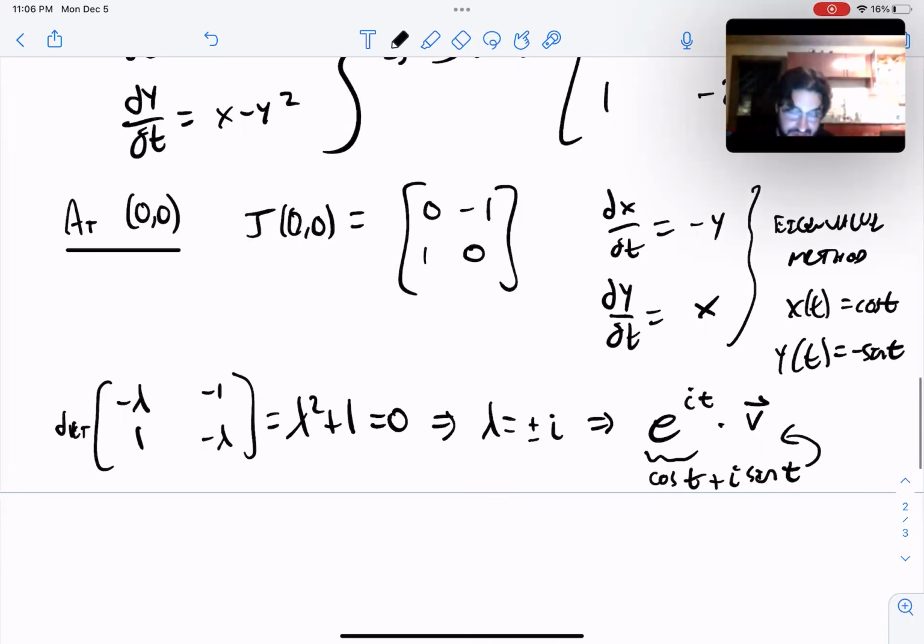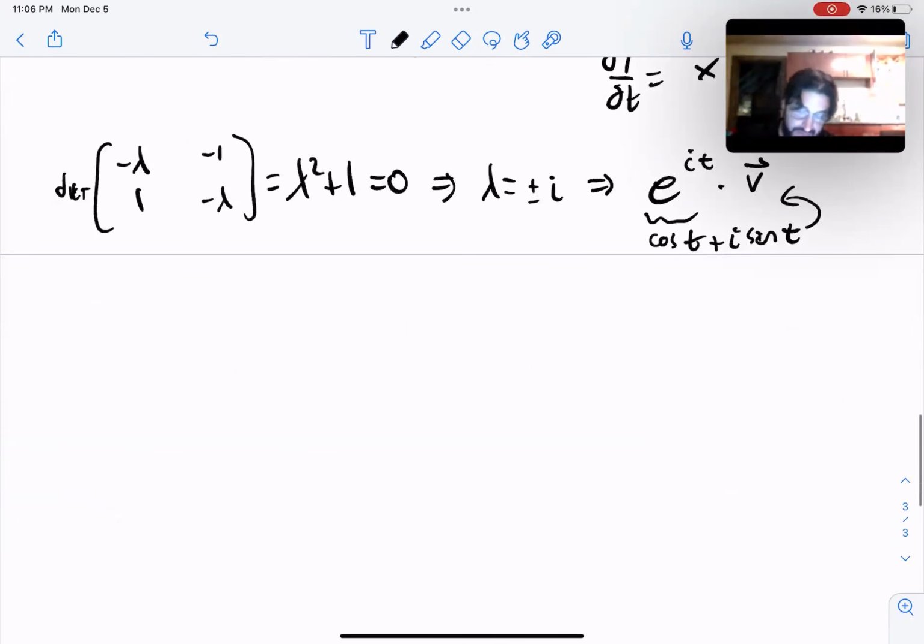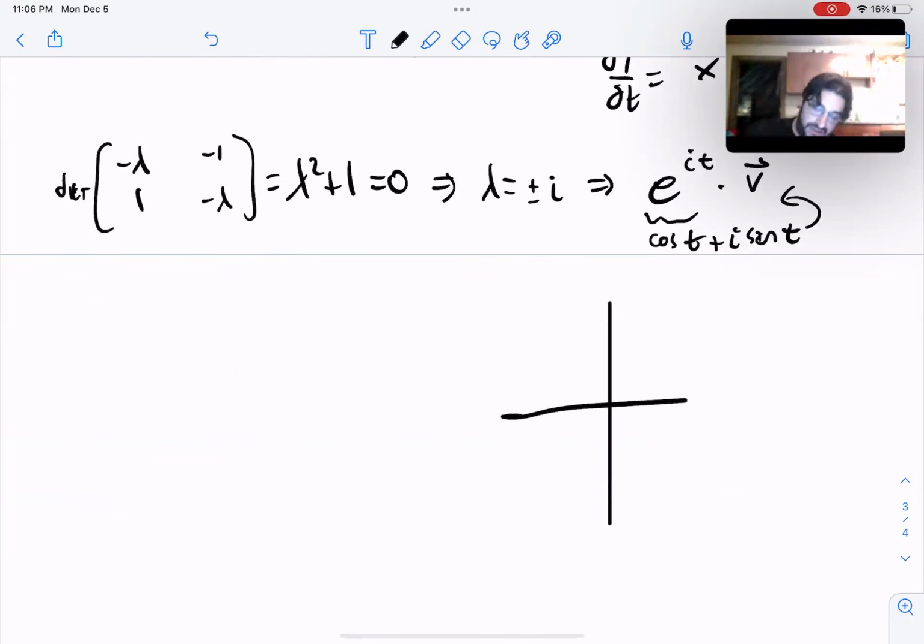So what is this going to look like in the phase plane? And of course you could do that in more detail if you need. Well, in the phase plane, it's going to look like an equilibrium point.